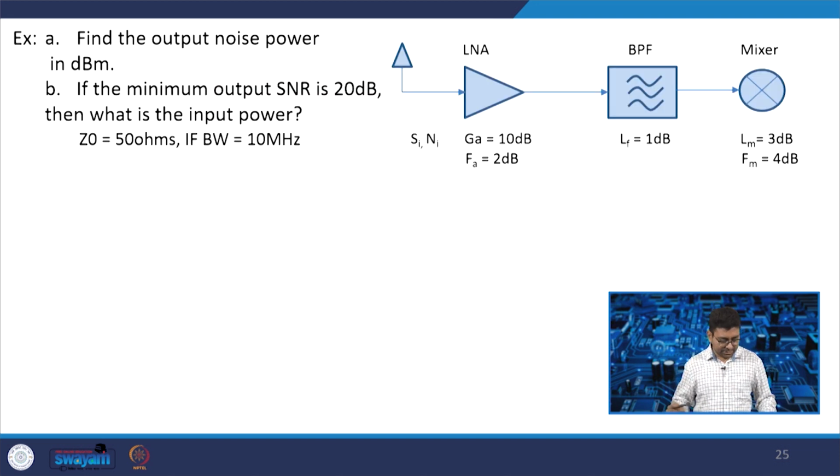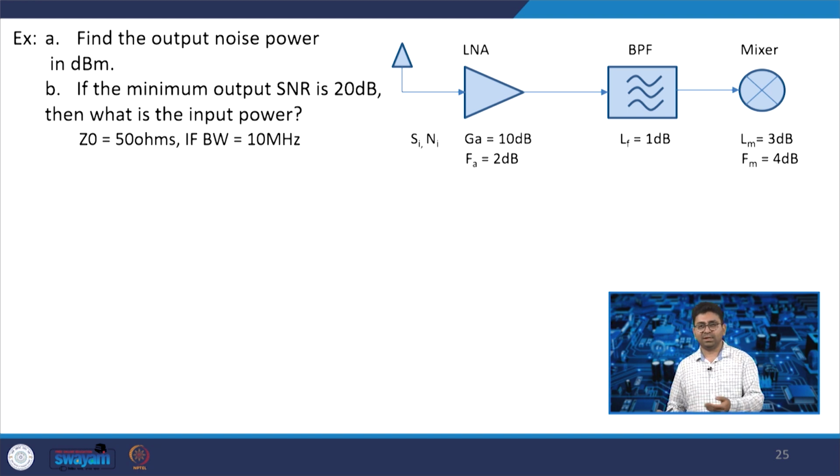So, let us put whatever we have understood into one example, so that our understanding will be clearer. In this example, there is an antenna, and a low noise amplifier is connected to that antenna, then a band pass filter and a mixer. So, this is a receiver chain.